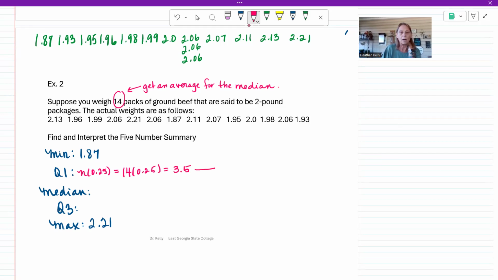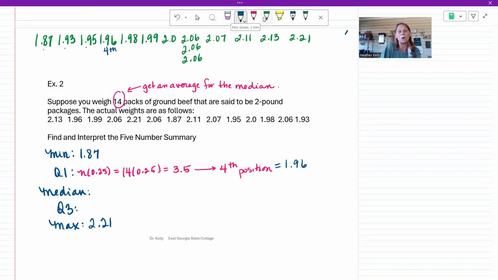And 3.5, when we round up, is the 4th position. And that 4th position, let's find it here. 1, 2, 3, 4th position. That's equal to 1.96.